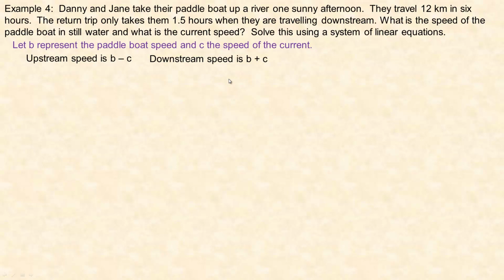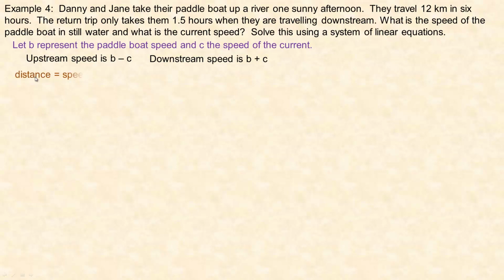If you think of B as the bicycle speed and C as the wind current, going with the wind adds the wind to your speed. Going against it, like going upstream, slows you down. So the upstream speed is the boat speed minus the current, and the downstream speed is the boat plus the current, because it's helping you go faster.